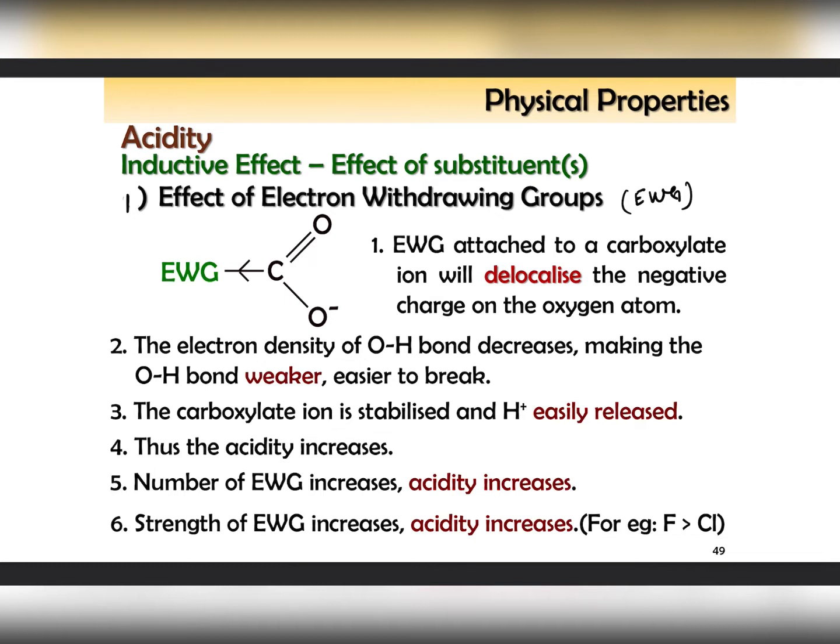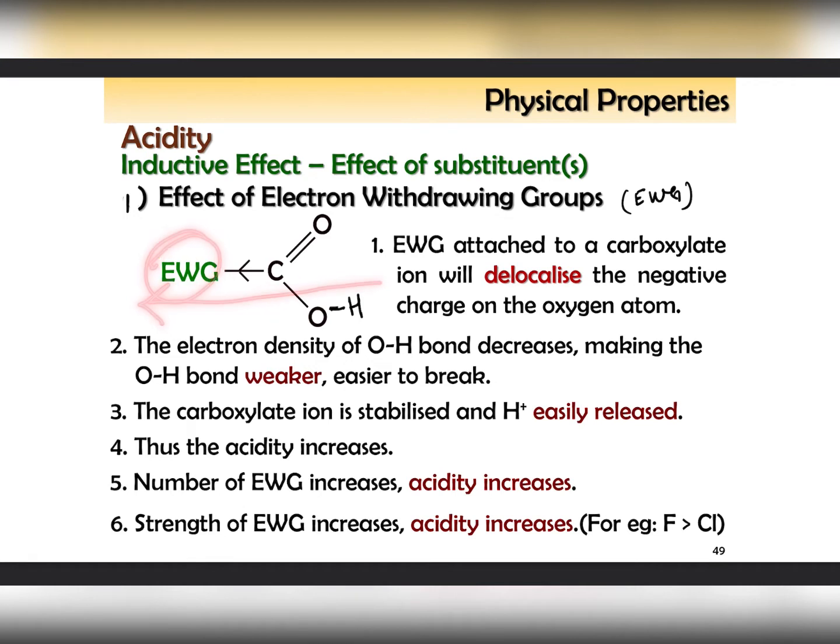Okay, so the electron density of the OH bond, so dekat sini kita ada OH bond, dia akan decrease. Why? Electron density yang bertumpu dekat sini, dia akan berkurang because of this electron withdrawing group.